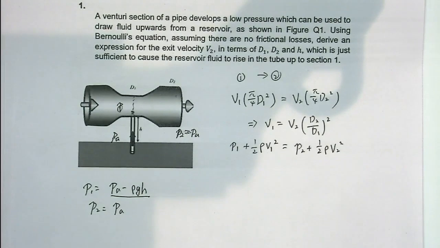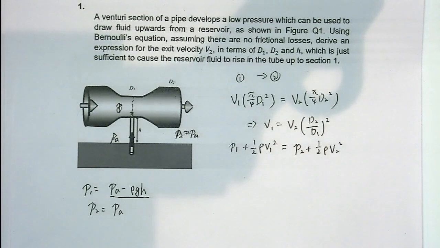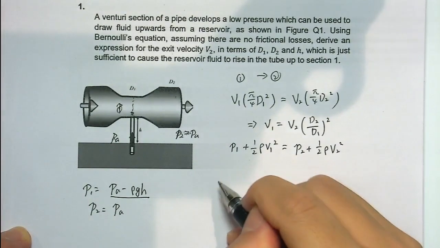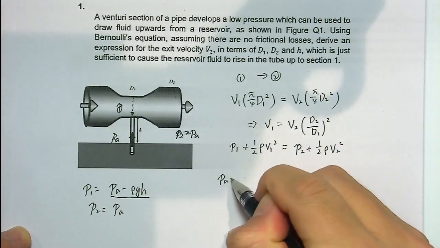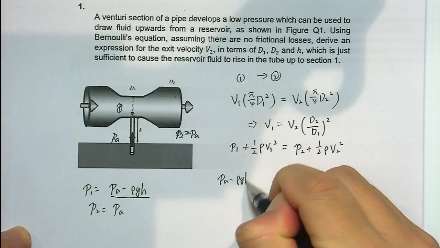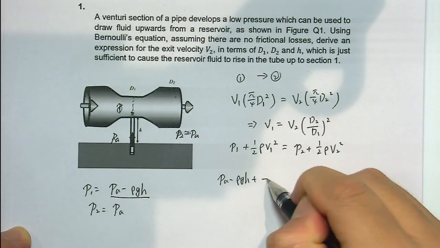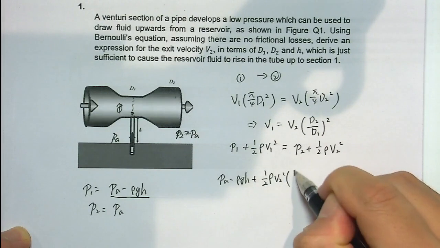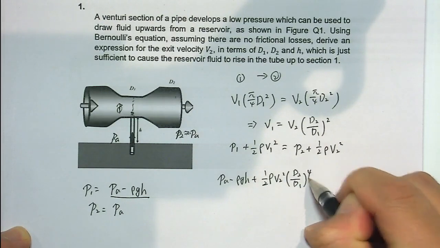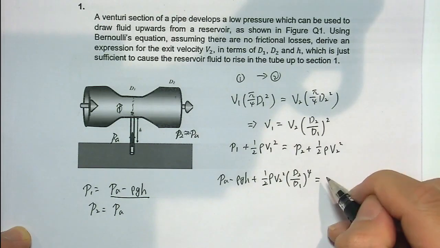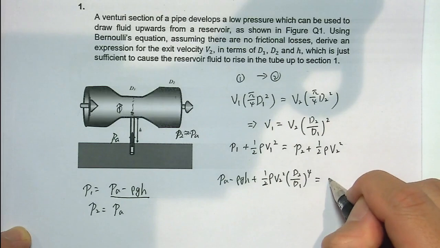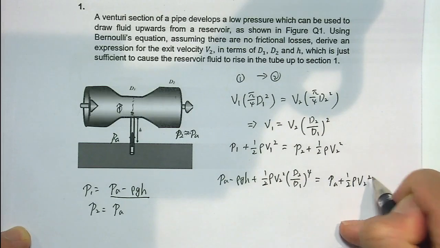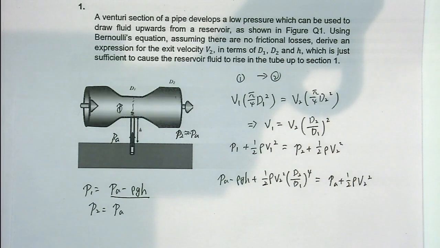So we put all this into the Bernoulli equation, and we find PA minus rho g h plus half rho V2 squared times (D2 over D1) to the power 4, which is equal to PA plus half rho V2 squared. Yeah? Put all things in.